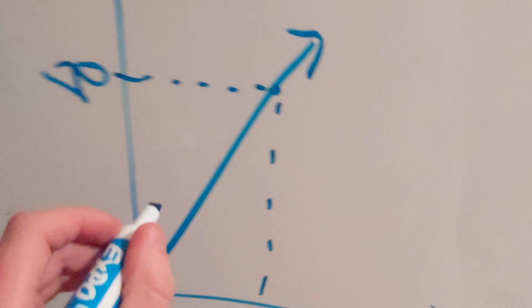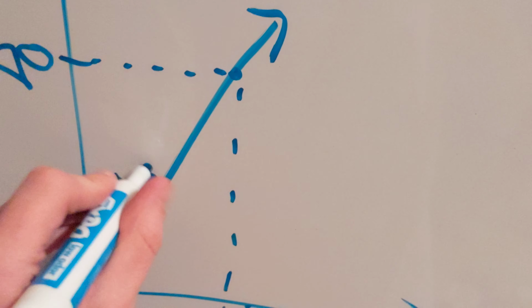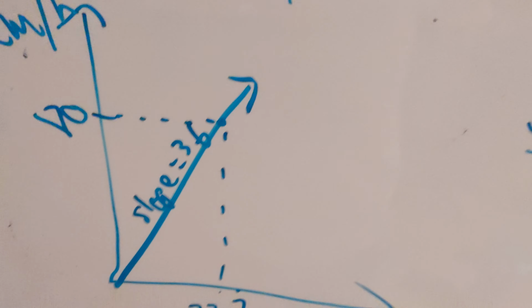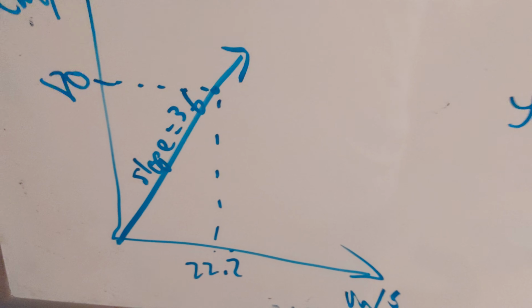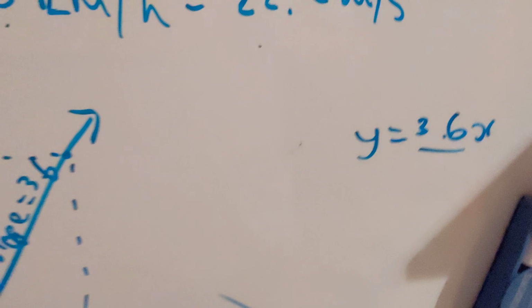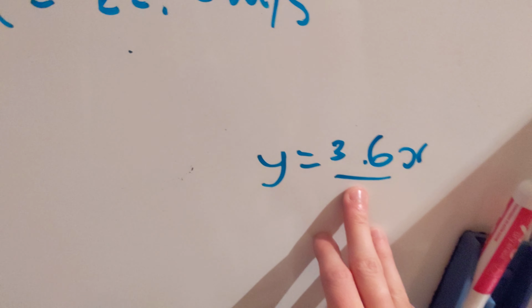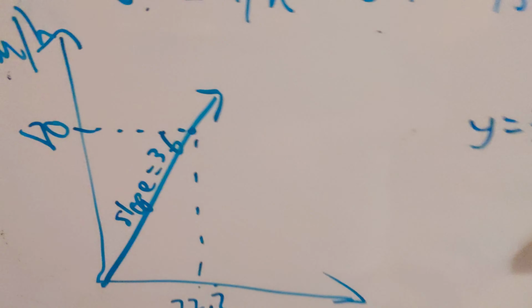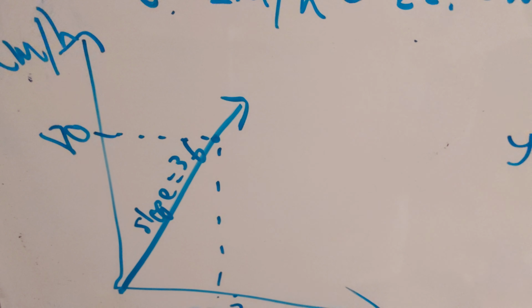And the slope of this graph, the slope here, is equal to 3.6. And that will always be the case for direct proportion. The slope is whatever the constant, the proportionality constant is. So whatever our k was. In this case, it was 3.6. For a different example, it will have a different value. But just for this one, we've got a slope of 3.6.